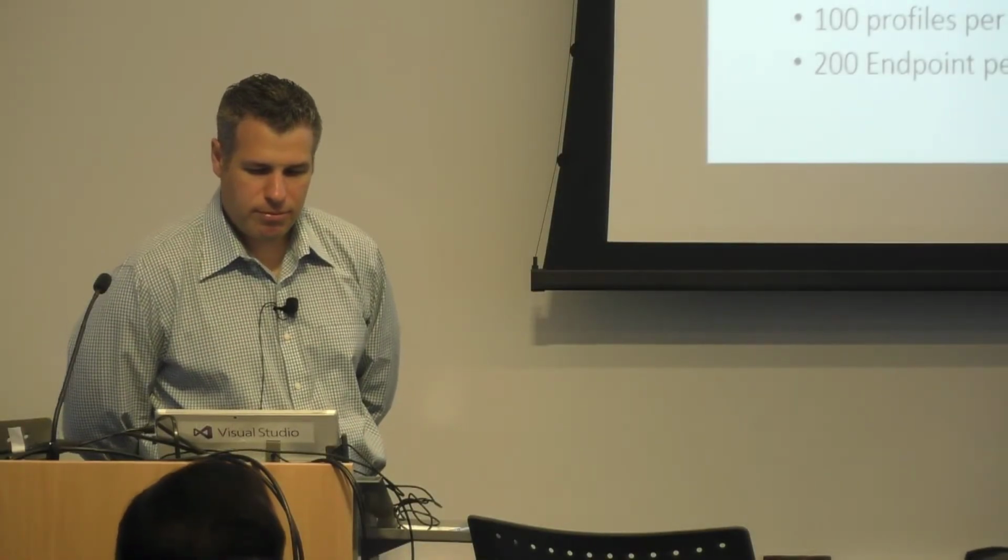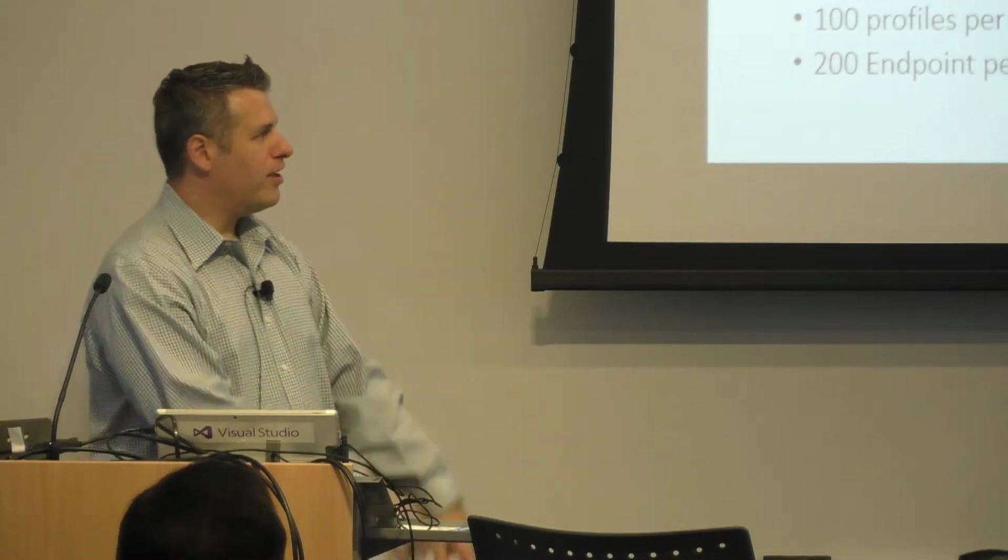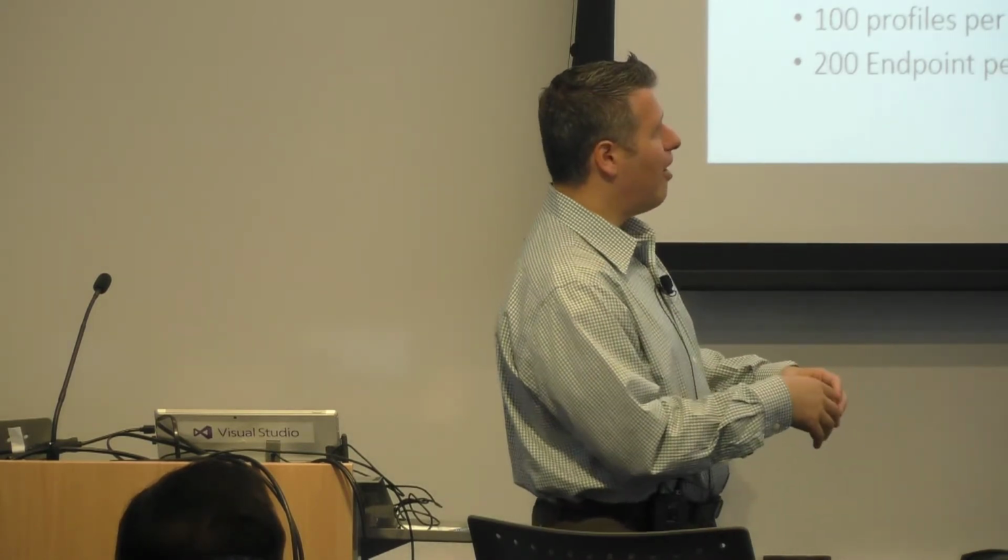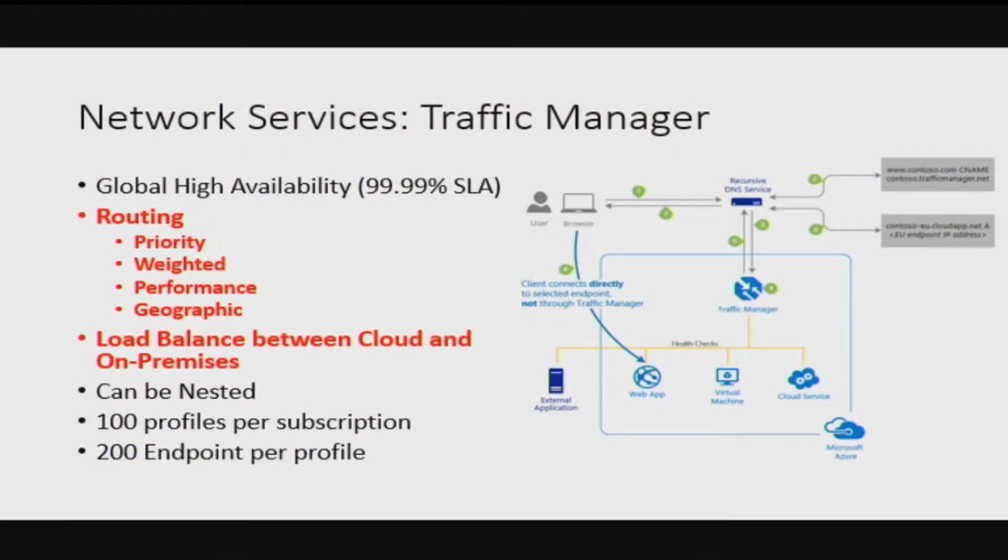Okay. The next load balancer service we have is Traffic Manager. Traffic Manager actually operates at the DNS level. It's not an Azure service per se. It is, but there's no kind of infrastructure. It's all at DNS. And what this lets you do is route requests between different Azure regions.